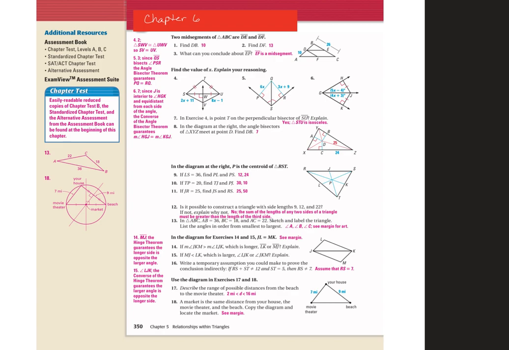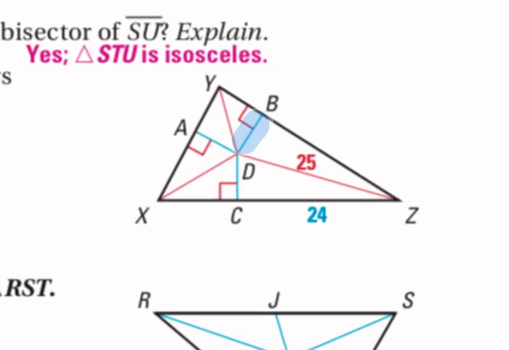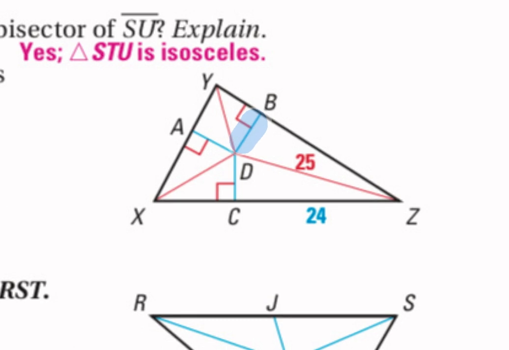Sure. So 8 says in the diagram at the right, the angle bisectors of triangle XYZ meet at point D, find DB. So we're looking for this little segment here. Because they're angle bisectors, I know that they are equidistant from the sides. So all the blue segments in this picture, which on your test is going to be black and white, so not color-coded, would be congruent.